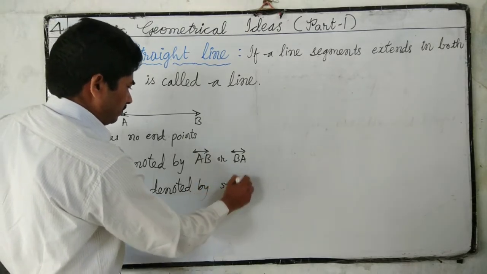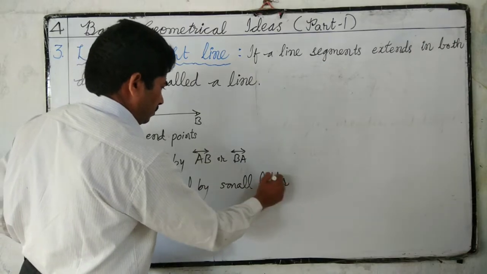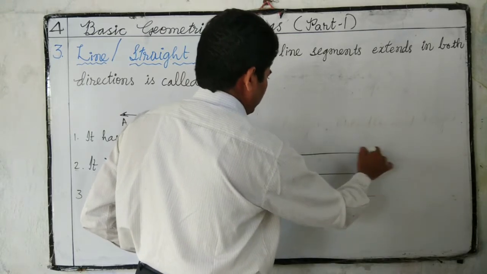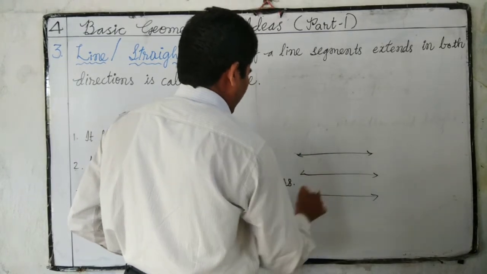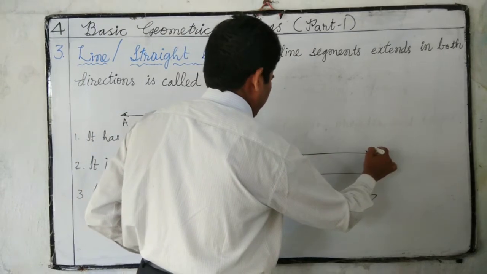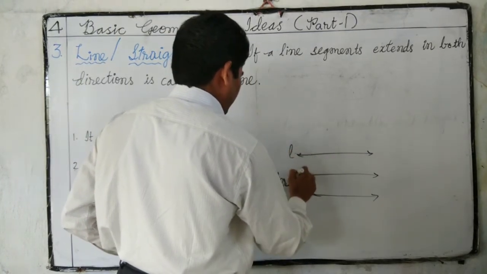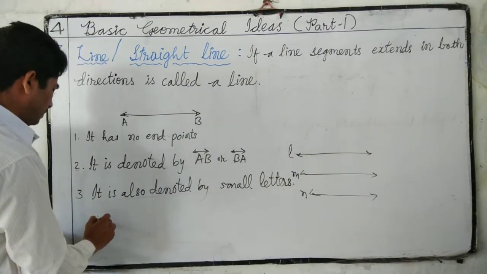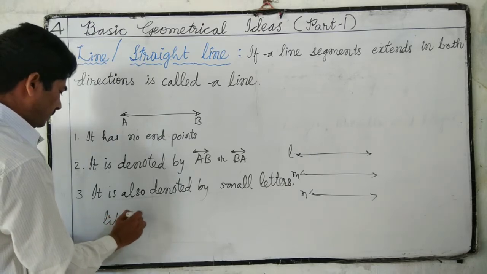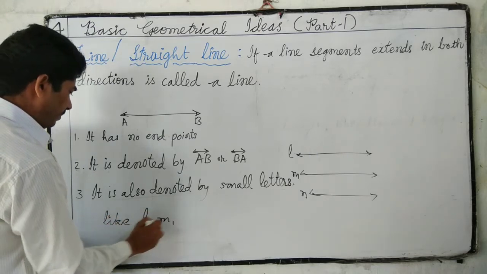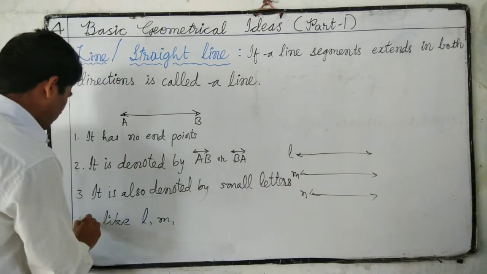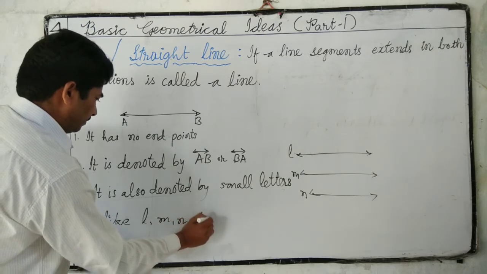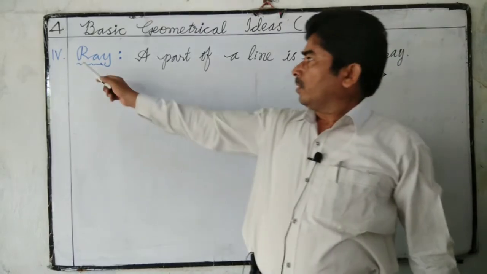Example, l, m, n, like this, small letters like l, m, n, etc.